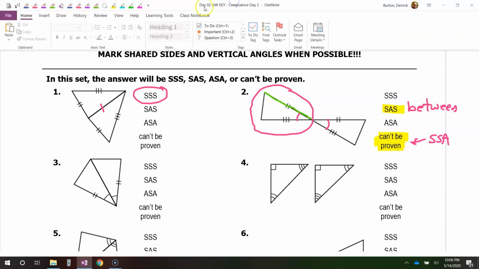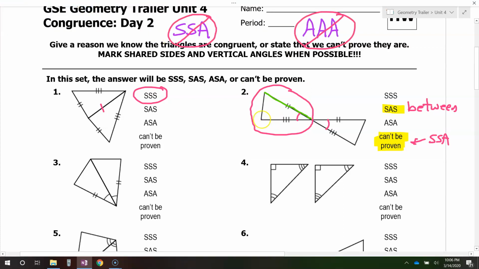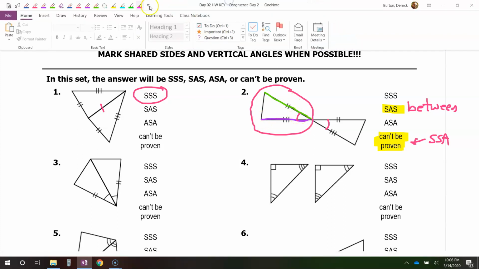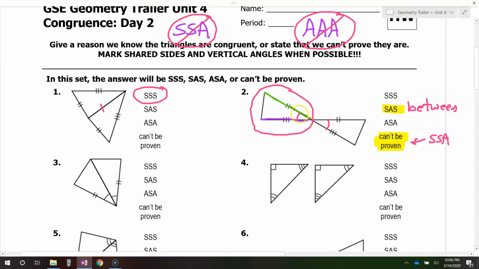Here's another side that I have marked congruent. Look where they meet. Do you see that they meet right here at the angle? So that means that the angle is between the two sides, and that's why it is side, angle, side.